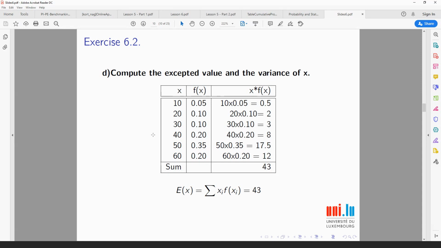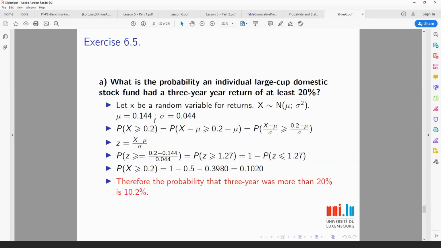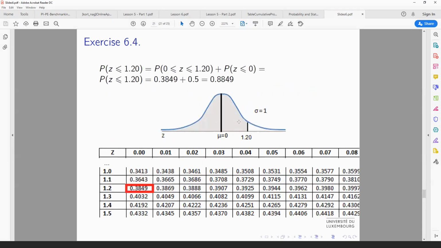It's from the previous session, about computing the probability. This is just the way we calculate it, the convention, because we usually calculate the probability that the random variable is to the left of the quantile.